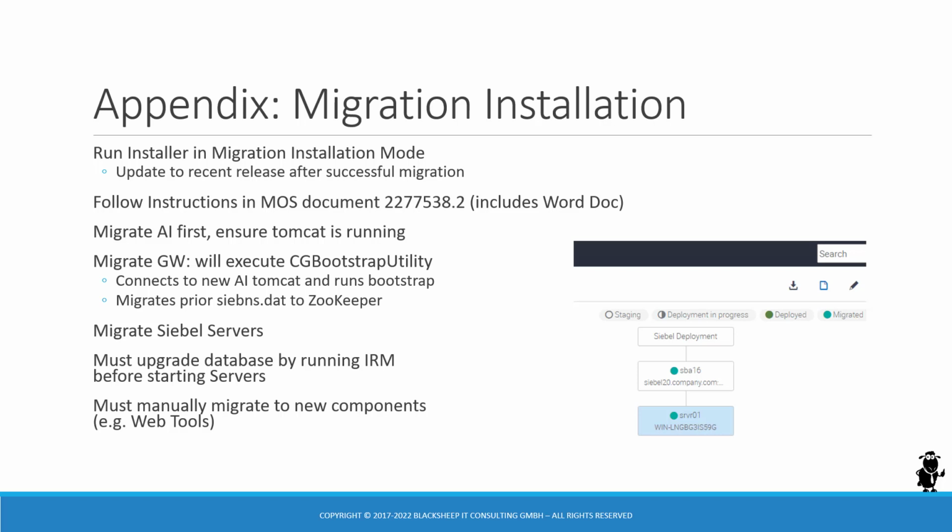So migration installation is a very special use case where you install a modern version of Siebel on top of an older version in an upgrade scenario. So it's actually quite complex, and you should consider contacting Oracle if you want to do this at all.